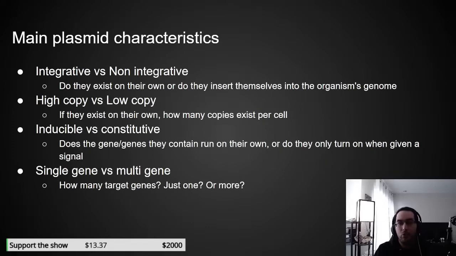Or maybe you only want to turn the protein on at a certain time in the life cycle of the E. coli. For example, there are some promoters that will only turn on at a certain growth stage of an E. coli's life. There's one promoter called OSMY that only turns on when E. coli are basically done growing.